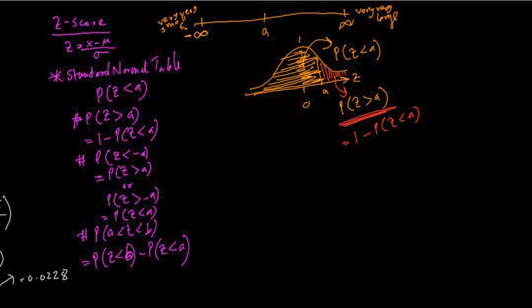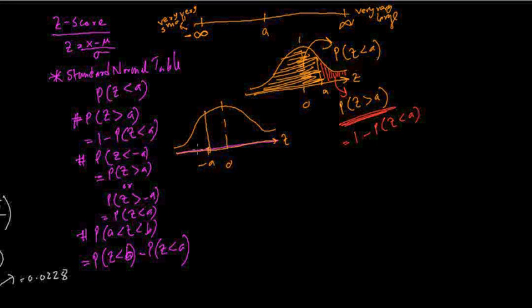Similarly, if you're talking about something negative, and this is 0, and if you say it is less than minus a, so behind 0 is minus a. So if it is less than minus a, it is this region.